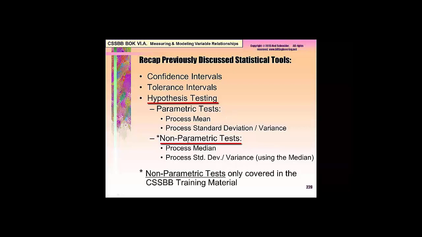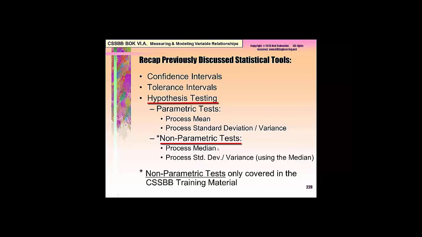And when the data don't come from a normal distribution, we have alternative hypothesis tests called non-parametric tests. And in that case, we use the process median instead of the process mean that we used in the parametric tests.